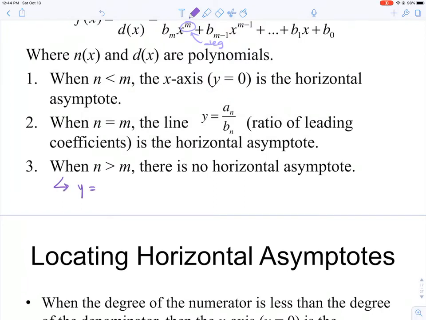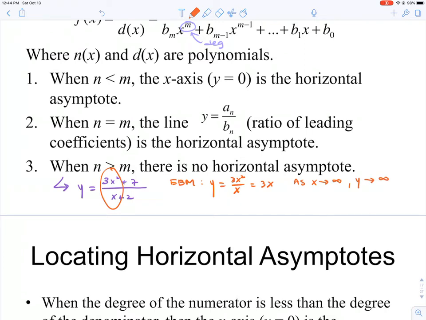So if we had y equals 3x squared plus 7 over, like, x plus 2, we would use that ratio for our end behavior model, our EBM. That ends up simplifying to 3x. Well, as x approaches infinity for our end behavior model, the y values would approach infinity.